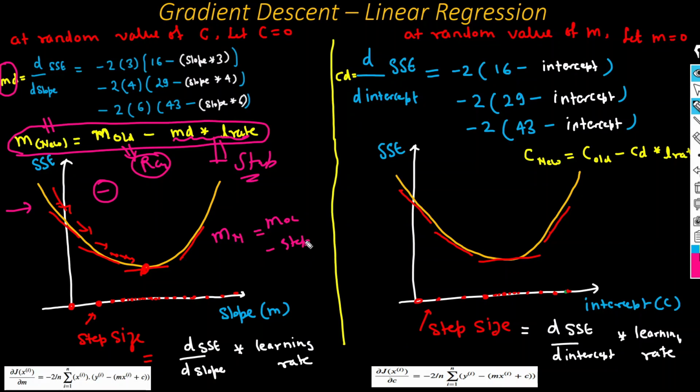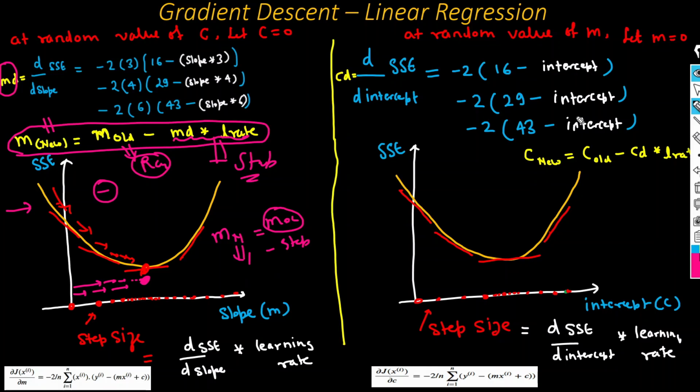So initially we have the large step size, and this is some random number. So we will move towards this direction. Initially it will be large, then it will be small steps. We will understand by using one example.